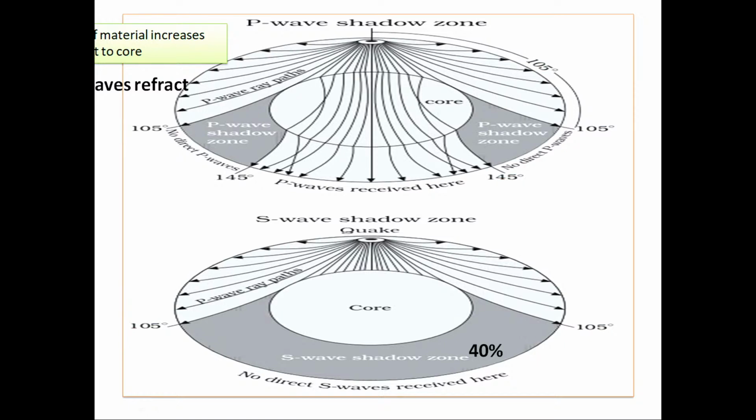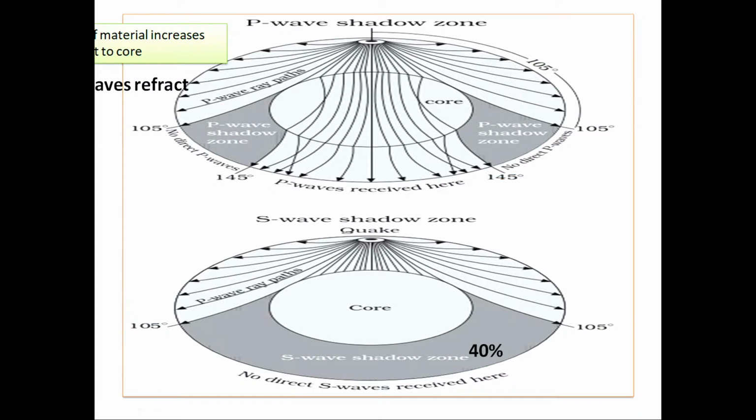Here also, from the focus, where the epicenter was, up to 105 degrees in both hemispheres, we are able to receive these P waves. But from 105 to 145 degrees, we are not able to receive these P waves.